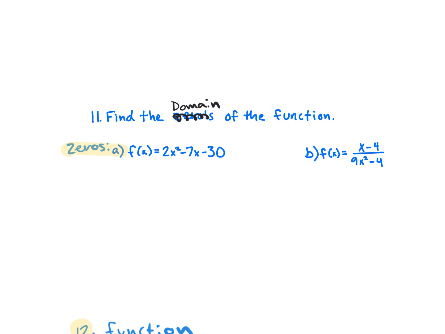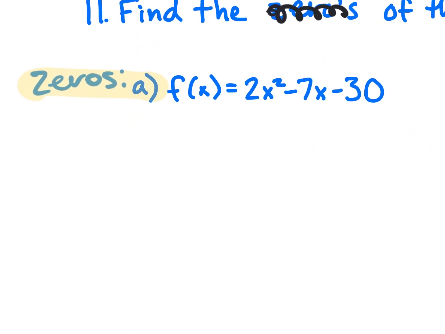All right, for 11, I changed the directions a little bit so we can practice some different things, but let's find the zeros for A. When it says find the zeros, we just change f of x to be 0, and we solve. How would we solve here? Awesome, we want to factor.